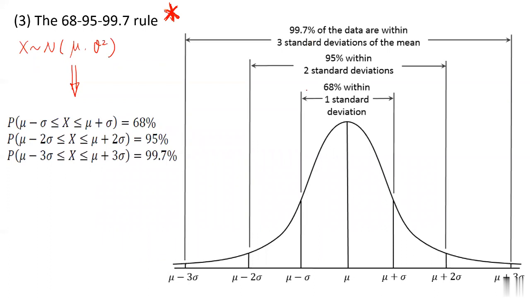That means most of the data are concentrated at the center, right? Most data concentrate in the center. This is a very important property of the normal distribution. Okay, any questions?